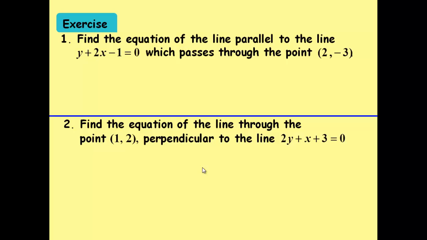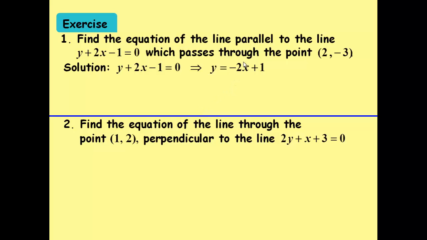Right, first solution. Well, the first problem we've got here is we don't have an equation in the form y equals mx plus c, so we'll rearrange this equation to make it in that form by simply subtracting 2x from both sides and adding 1 to both sides, like so.